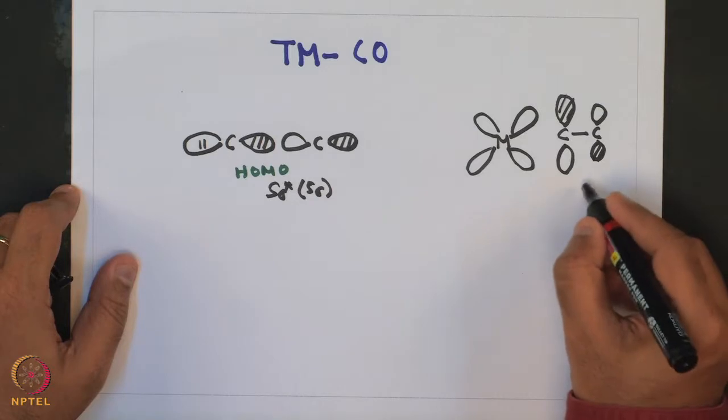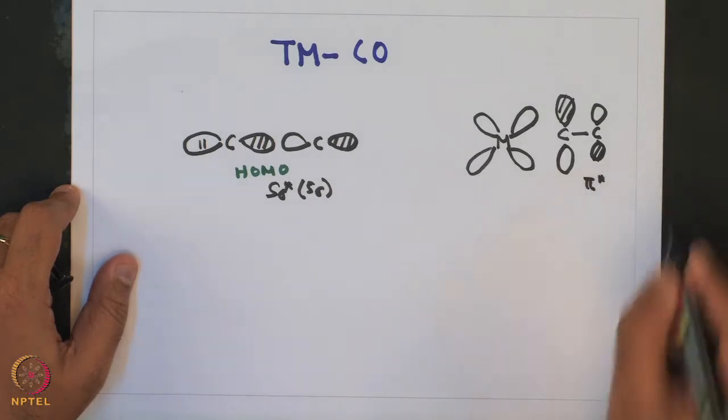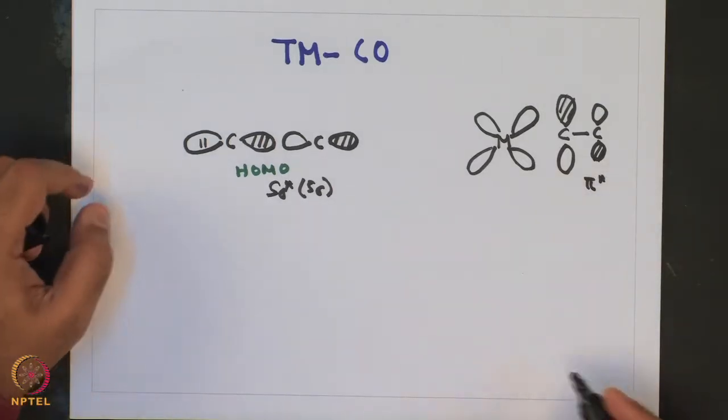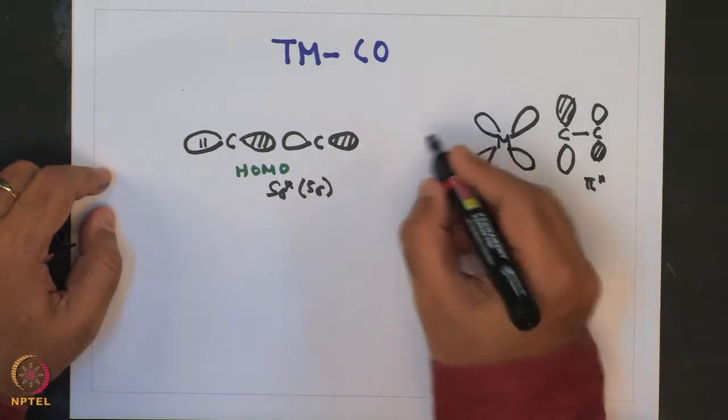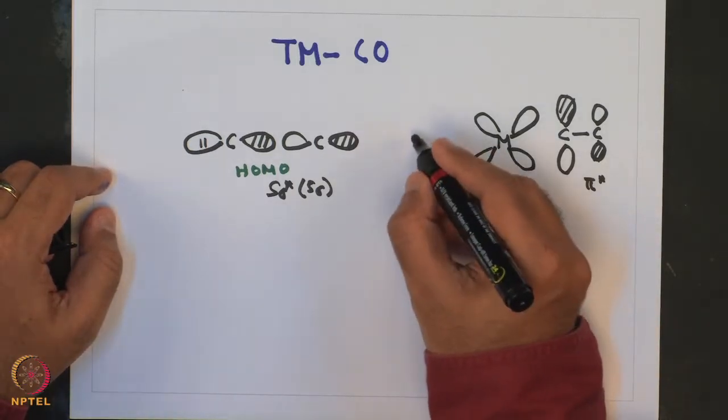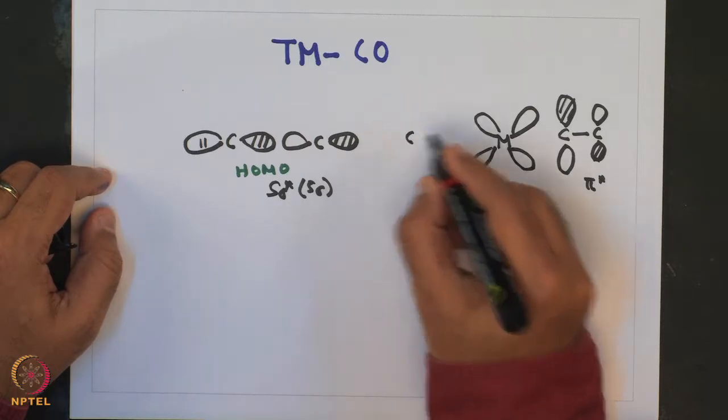So, this is a pi star orbital, and similarly there can be a CO pi orbital corresponding to that.